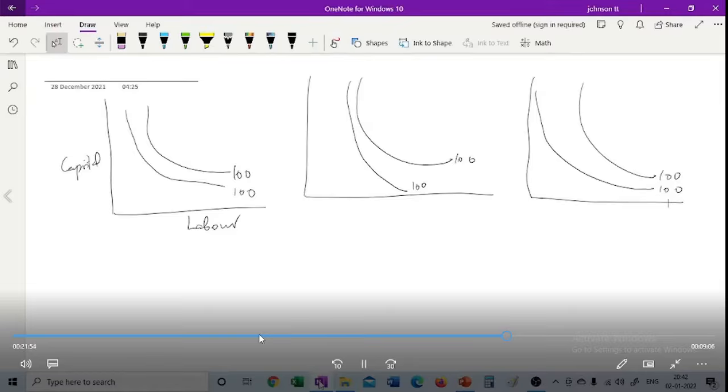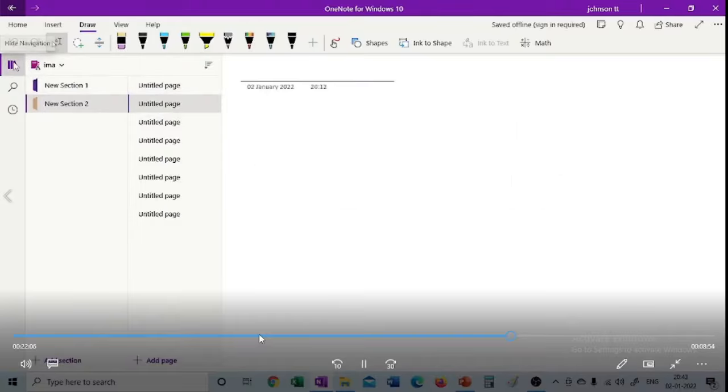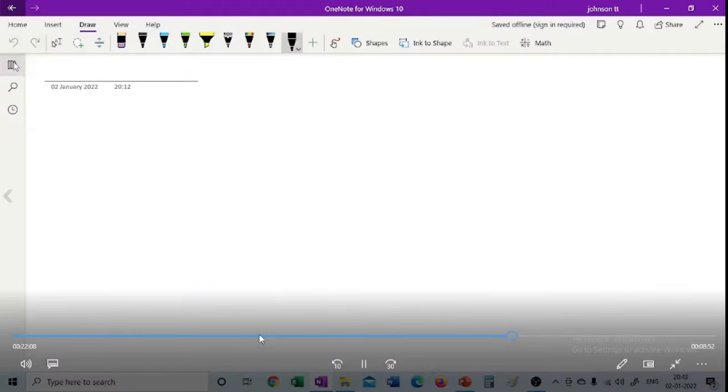So we know that a Cobb-Douglas production function is written as Q equals A into L raised to alpha K raised to beta.